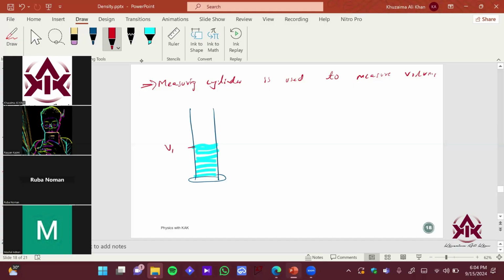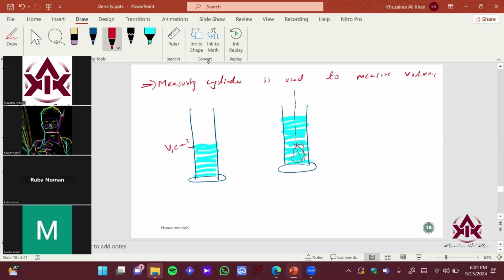Let's say you have V1, right? V1 centimeter cube. Now you did what? You had the same measuring cylinder, and now you put the irregularly shaped stone inside, for which you want to find the volume, right? You used a thread to lower this irregularly shaped object.